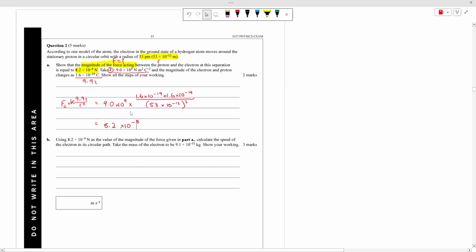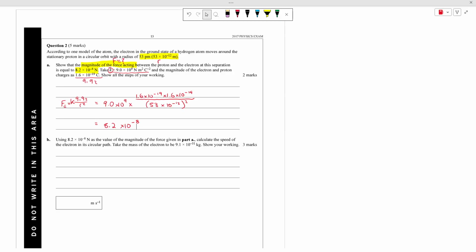Okay. Part B, using that force as the value of the magnitude of the force given in part A, calculate the speed of the electron in this circular path, take the mass of the electron to be this, show your working. Again, 3 marks, probably again for having a wrong equation with the wrong numbers put in.